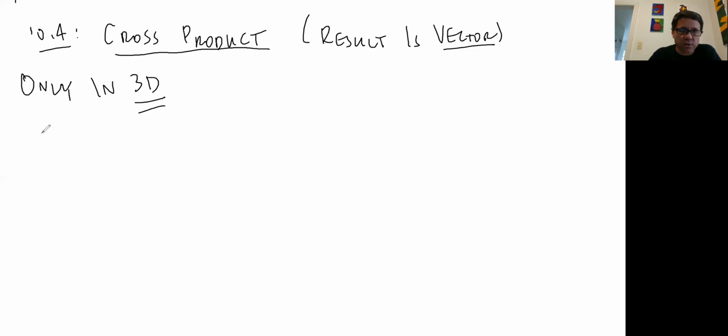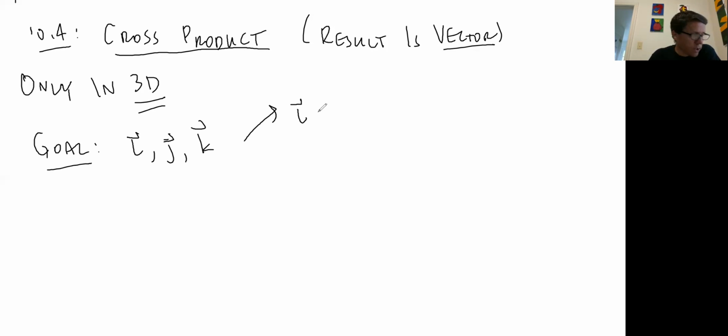But one of the goals is to have this property for i, j, and k, the base ones that we literally base everything off of. We want i cross j, which we write as i x j but read as a cross, to equal k.